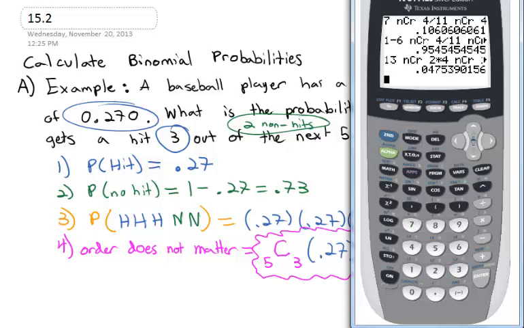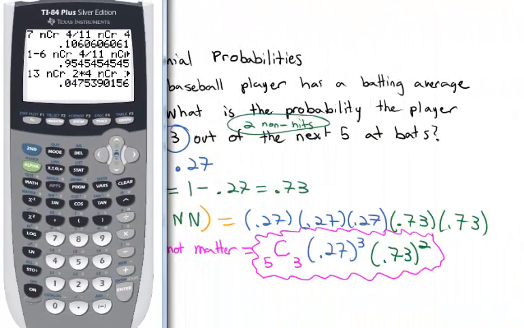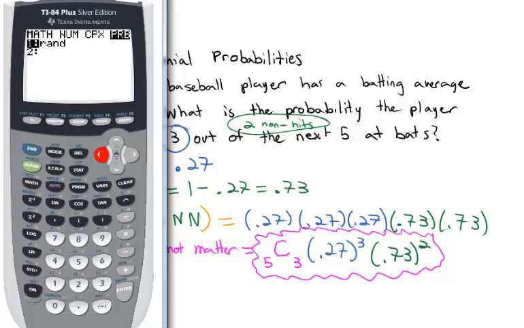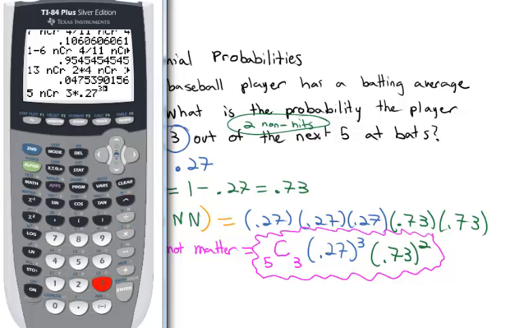Pulling up the calculator to actually calculate that. Move the calculator over so I can see the problem. 5, math, over to probability. We're going to go nCr. 5 choose 3, times 0.27 to the third power, getting out of the exponent, times 0.73 to the second power.